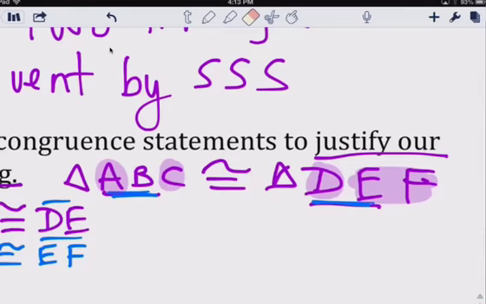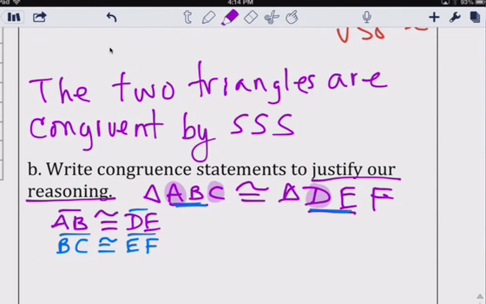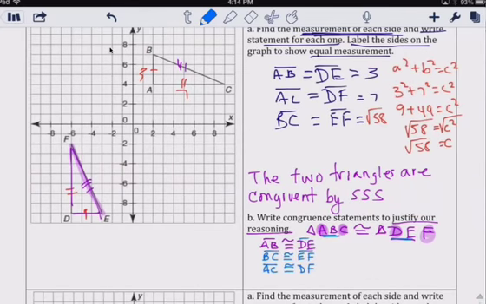Oh my goodness. AC, because it's A, C, D, F. Same thing, okay? AC is congruent to DF. That's another way to look at it. So you don't always look, or you can do it the one that's there.